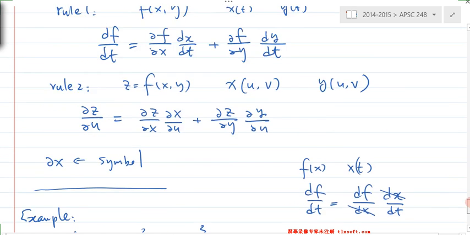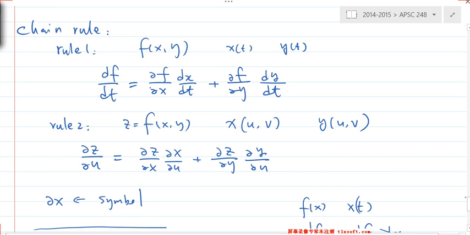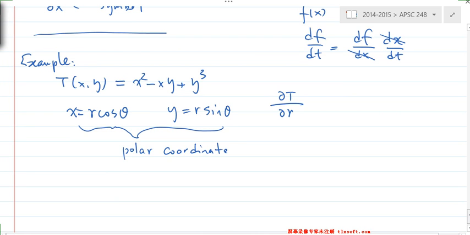So you've got to be comfortable with which rule you're going to use. In this case, I think we're going to use rule number 2. This is actually not bad.